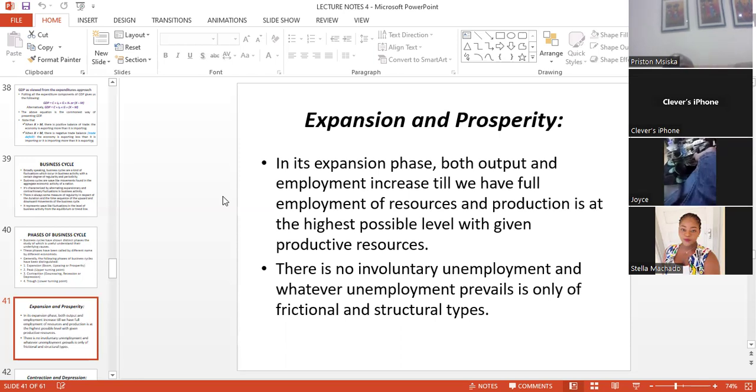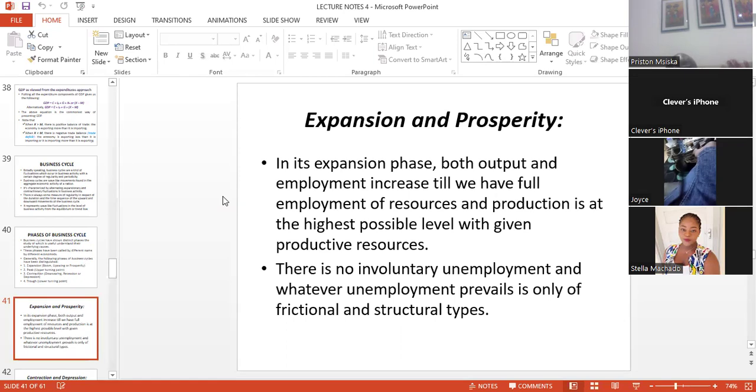Now, here we are talking of a situation where there's a lot of demand, companies are selling, and therefore they are employing more people to sell more. They are increasing supply.